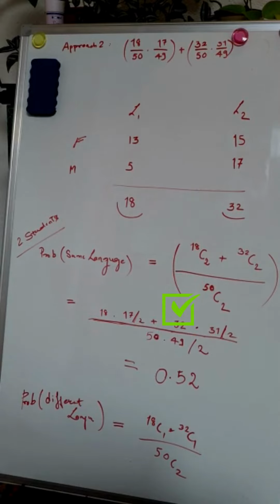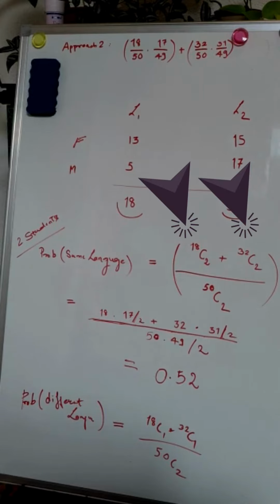But 18 of them study language 1 and 32 study language 2. So if you pick any two students from those 18 who study language 1, those will be two students who study the same language, language 1. So 18 C2 is the number of ways in which you can pick two students out of those 18 studying language 1.